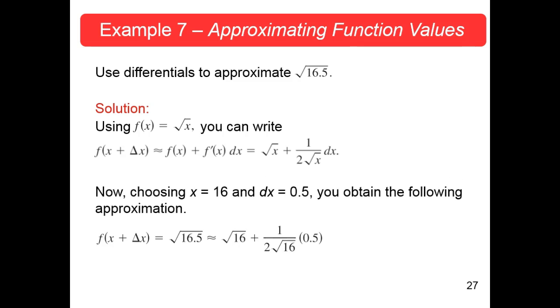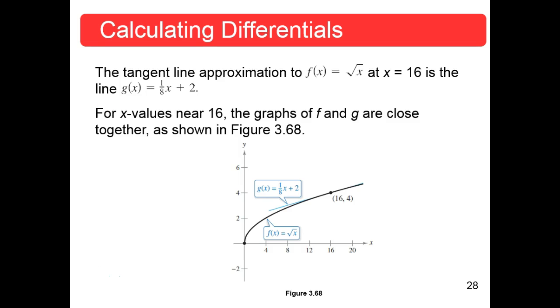And there you choose your x equals 16, your dx equal 0.5, and obtain the following approximation. The square root of 16 is 4, plus 1 over 2 times 4, which is 1/8 of 0.5, and that would be 4.0625. That's your approximated value.